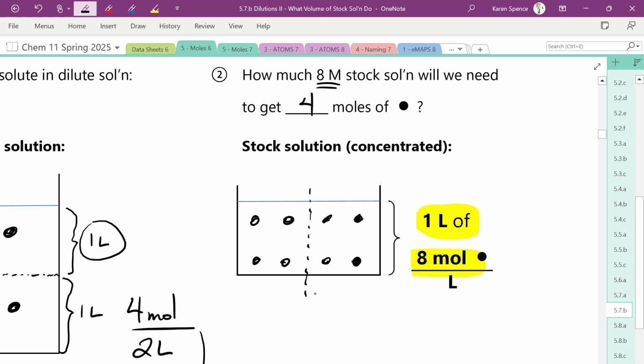So that right there is 0.5 liters of 8 molar dots. Contains 4 moles.